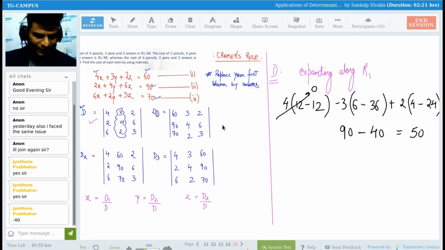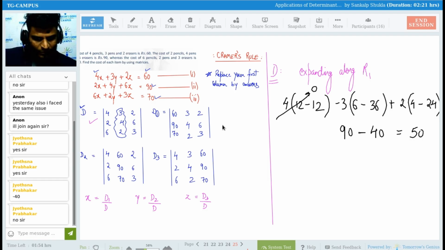How come everyone is getting other values? 50 is the answer for the value of D. Sorry, sir, I put minus 2. If you just put plus 2, it will be the same answer, right? Jyotsna, please check yourself. The answer is 50, right?